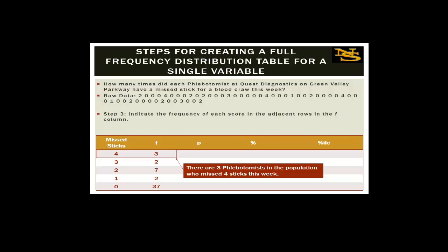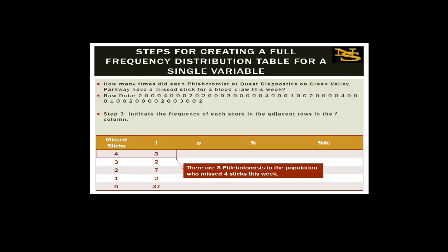Okay, so the next step, you want to fill out that F column, the frequency column. So you want to count how many times each score appears in my data set. So for instance, looking up here, how many times do I see a 4 in this data? Well, let's see. 1, 2, 3 of them. So in the frequency column, you're going to put a 3 there.